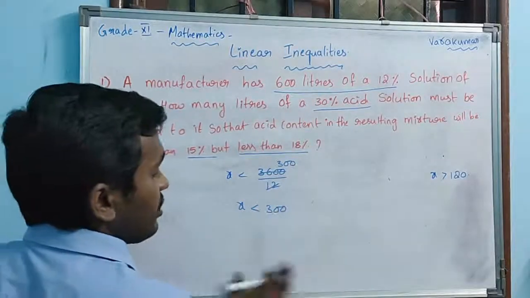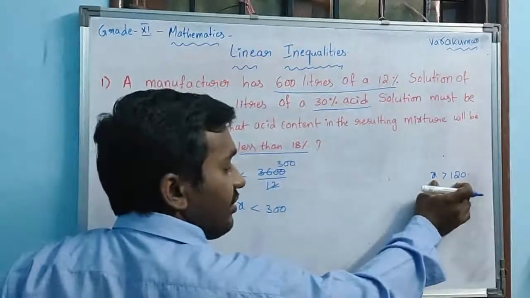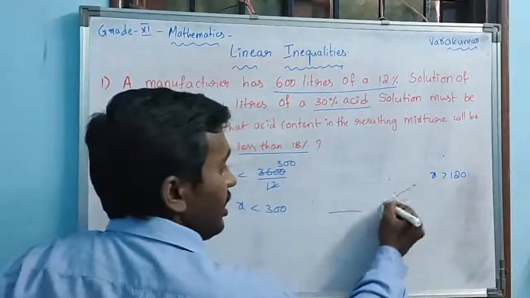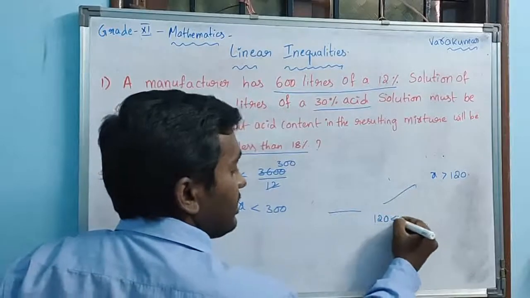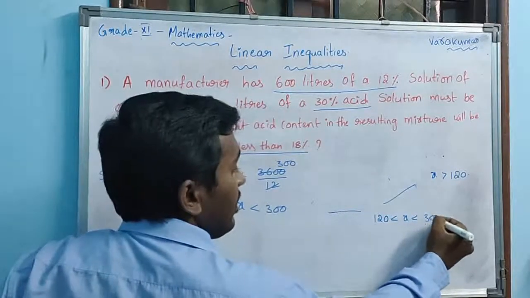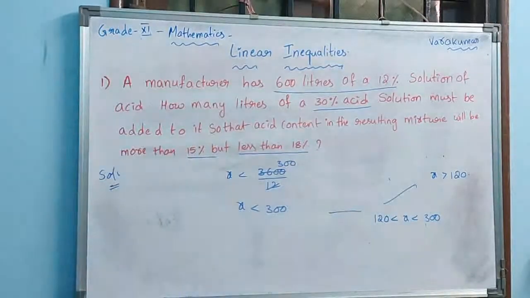This is the last one. Now here we got x greater than 120. So these both together, what can you write? 120 less than x less than 300. See how we can give the conclusion.